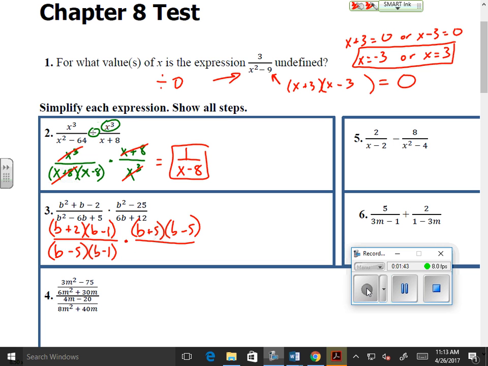And the bottom factors into 6 times b plus 2. So then you go through and cancel any common factors like b plus 2 on top and bottom, b minus 1 on top and bottom, b minus 5 on top and bottom, and you're left with two factors that don't cancel, of b plus 5 over 6.